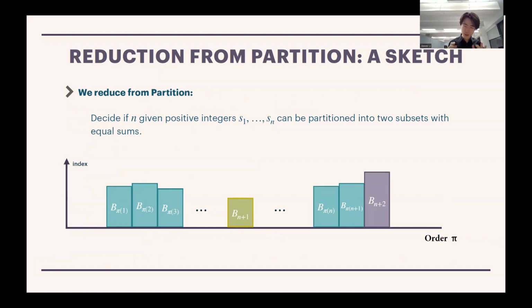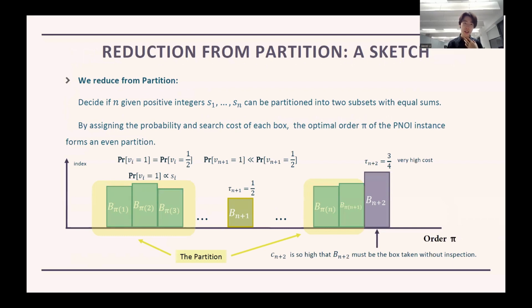I won't introduce in detail how we do this, but we managed to get n+2 boxes, where box 1 to box n correspond to each number of the partition instance, and we have 2 more special boxes. And in the end, we can make the initial order of those boxes correspond to a partition of those integers.